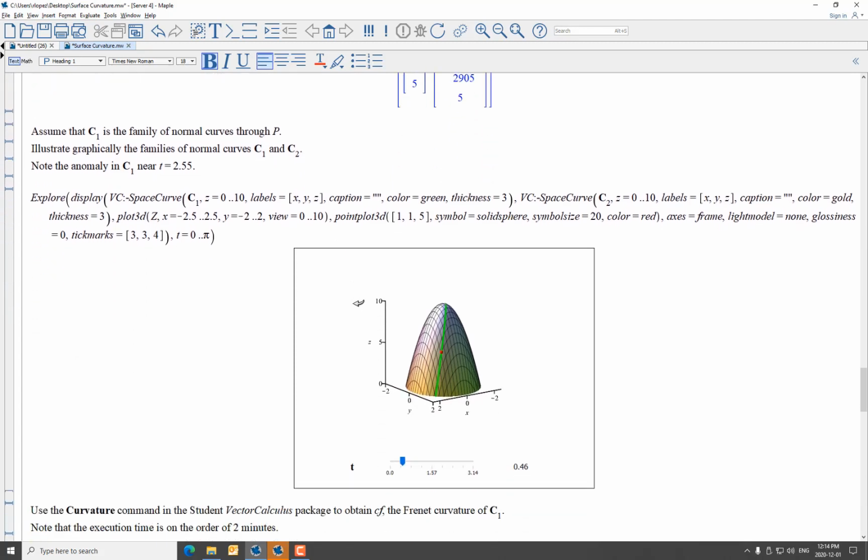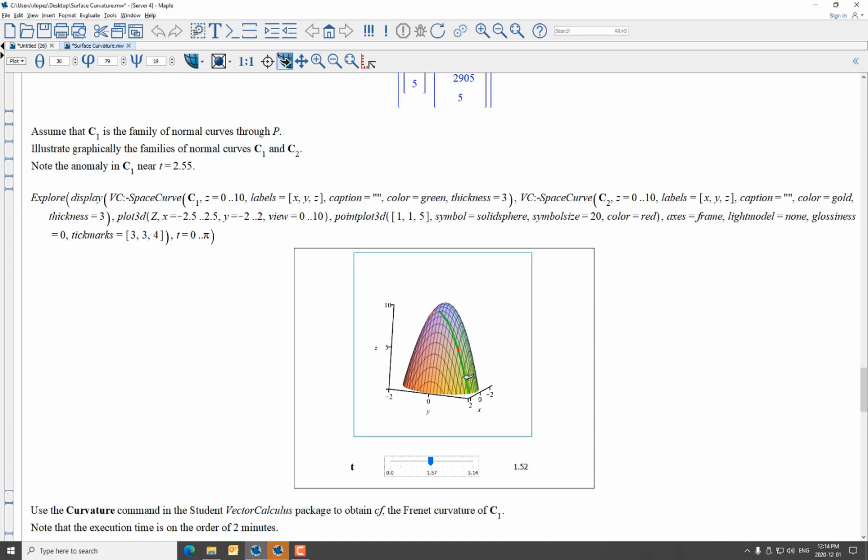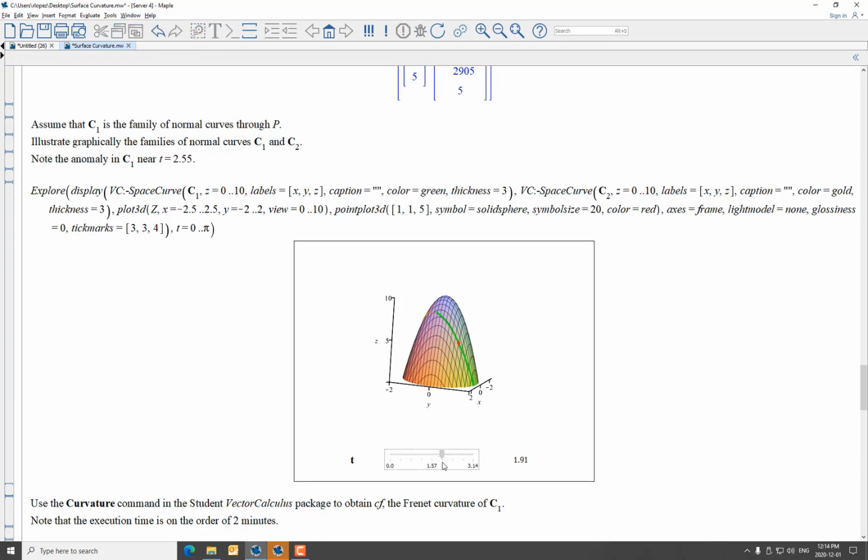So I drew a picture to see what this all looked like. So these are the curves C1. There's the point P. And you'll notice way back here there's a different color. And I'm looking at these curves. And right here, there seems to be a jump.